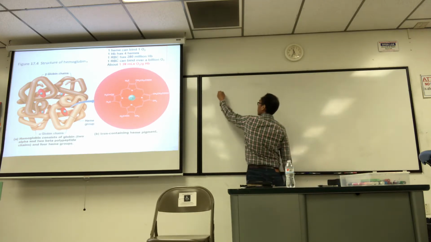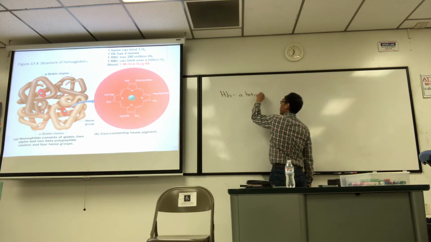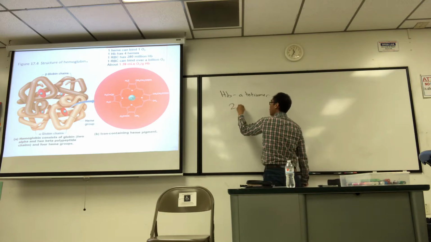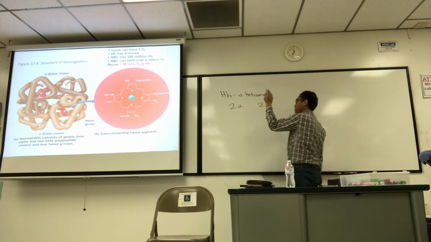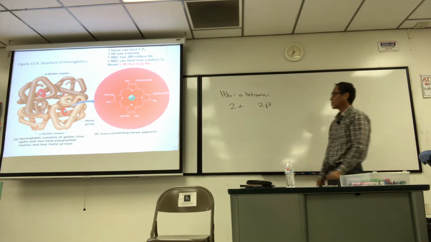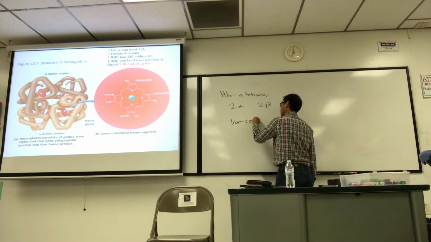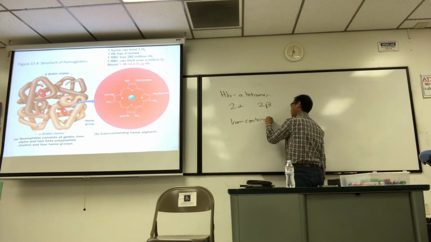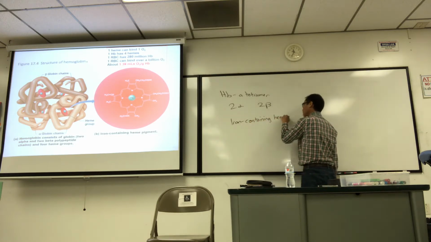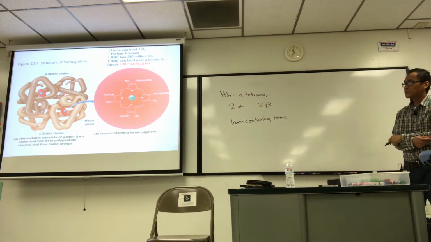Hb, tetramer, 2 alpha, 2 beta chains, each of which contains an iron-containing heme pigment. So that's where the O2 binds.